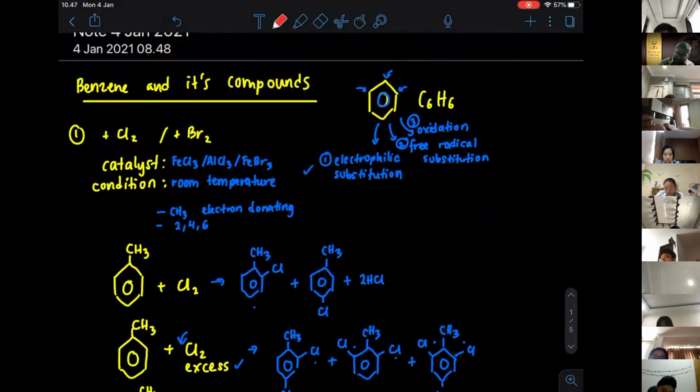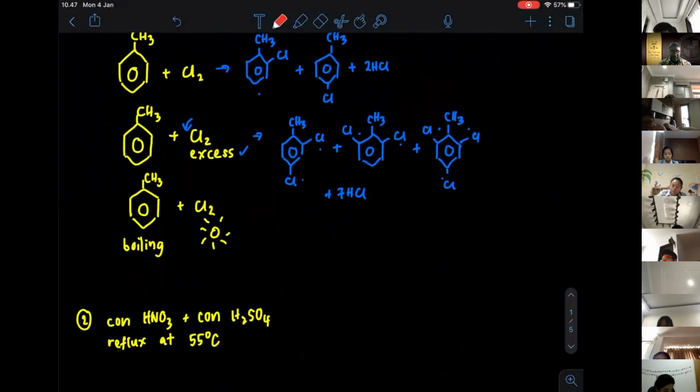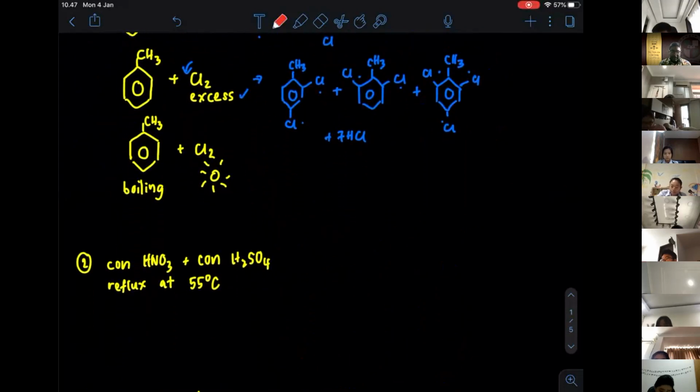Having done electrophilic substitution, we are going to discuss a little bit on free radical substitution. For free radical substitution, you have Cl2 in the presence of UV light, which is sunlight, and you boil methyl benzene.